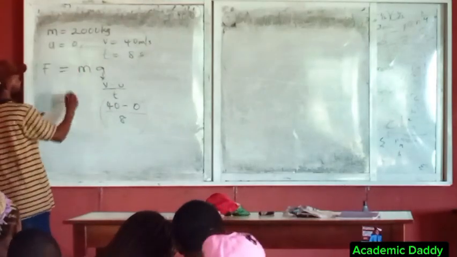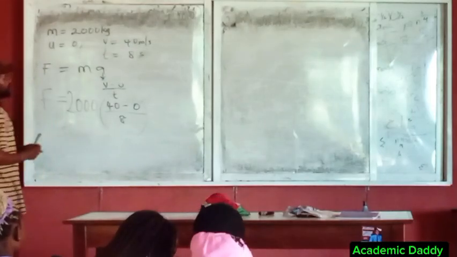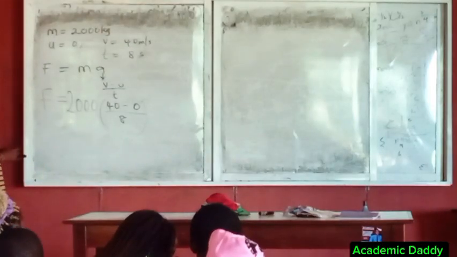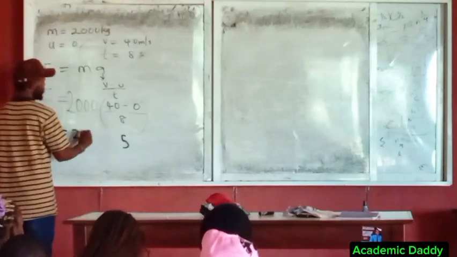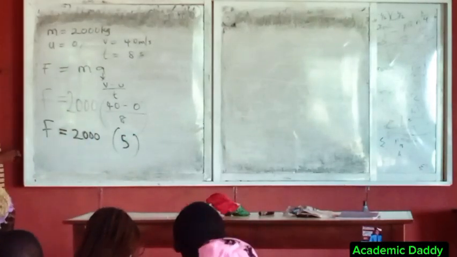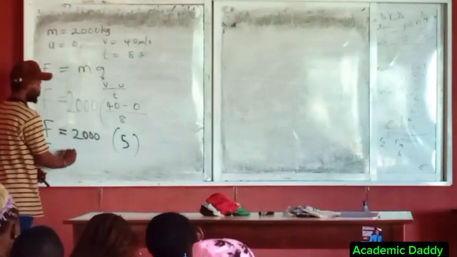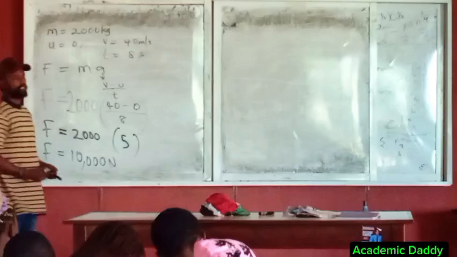Then my m is what? 2000. So when you do 40 divided by 8, we have 5, and I have 2000. So by the time you multiply, F is equal to 10,000. And it's in Newton, right?